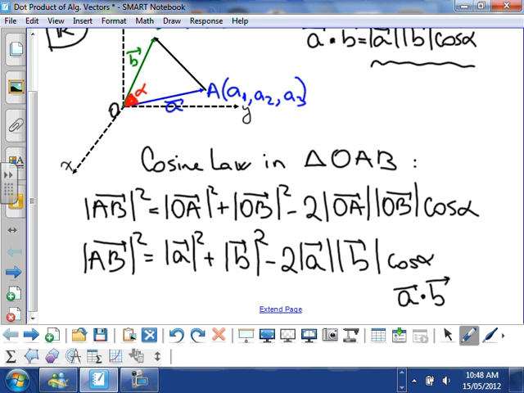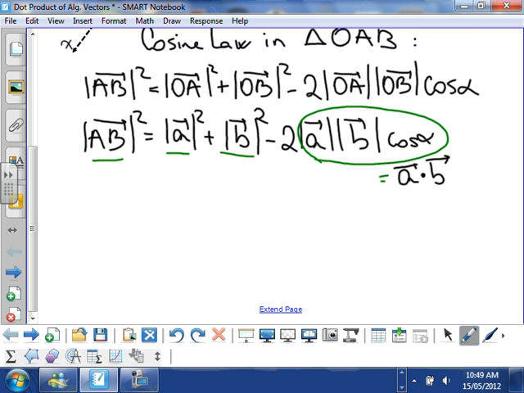So basically, I need to express this, this, and this. If I have all those three magnitudes, I will be able to come up with another expression for the dot product of A and B. Good.